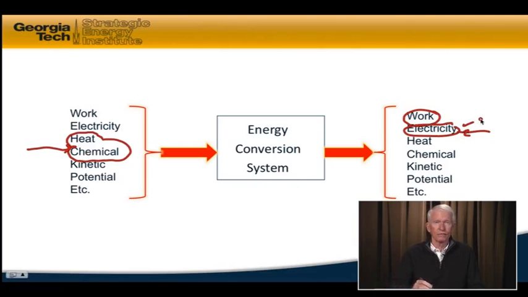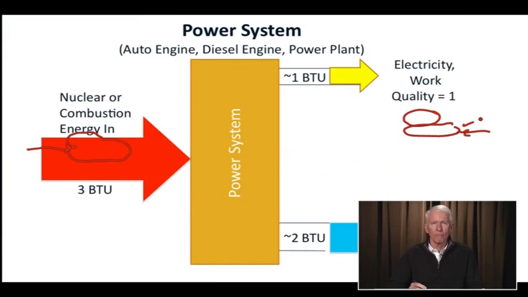That is a very nice form of energy to use and to transport, and it's incredibly versatile, and the percentage of the energy that we're using that's being converted to electricity is going up, as we'll see in a few minutes.